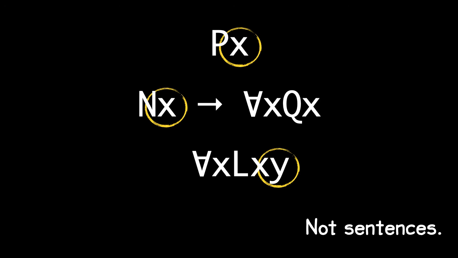Even though the x in Qx is bound by the for all x, the whole formula doesn't count as a sentence because it has one free variable. Looking at the final example, for all x Lxy, the y is a free variable, and so it's not a sentence.